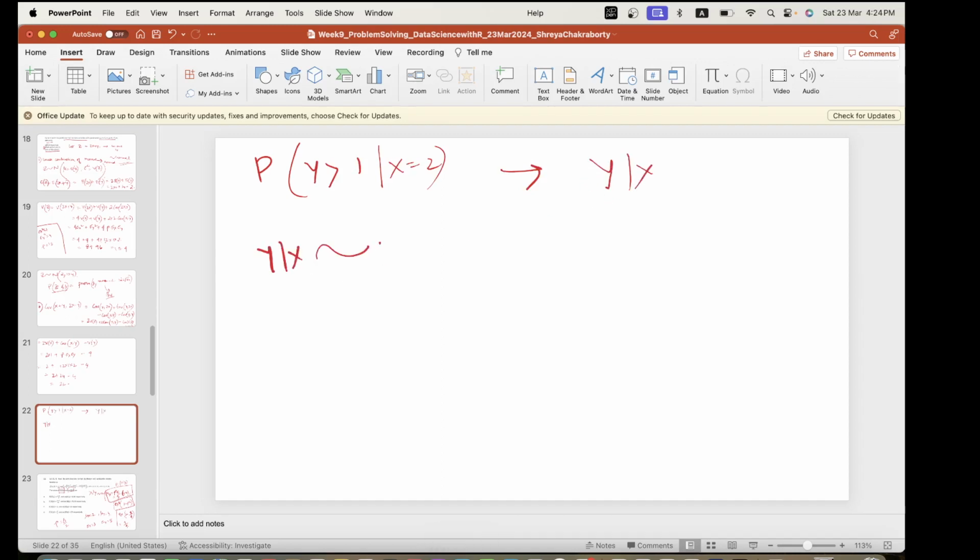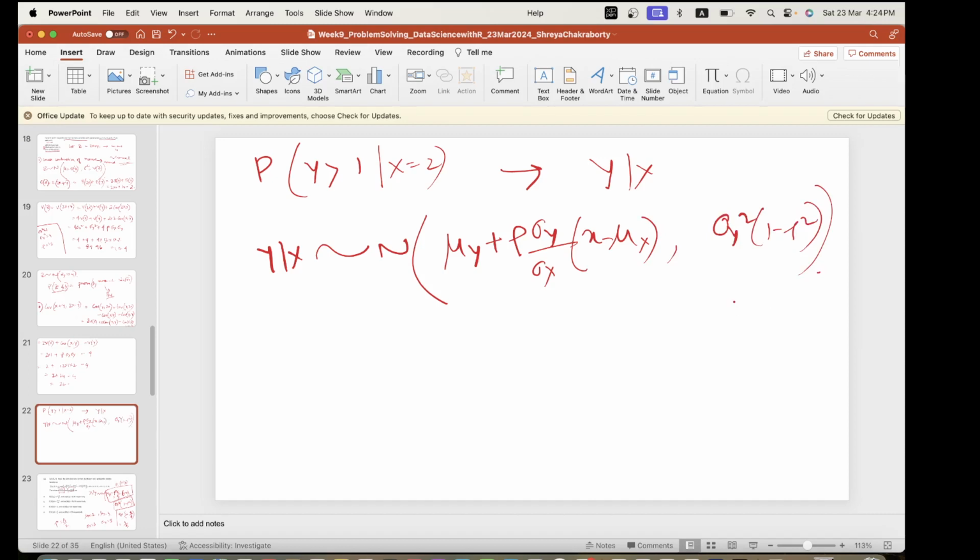Y given x will also follow a normal. This would be mu y plus rho sigma y by sigma x, x minus mu x, and sigma y square times 1 minus rho square. Given x equal to 2, we just supply this value with 2.